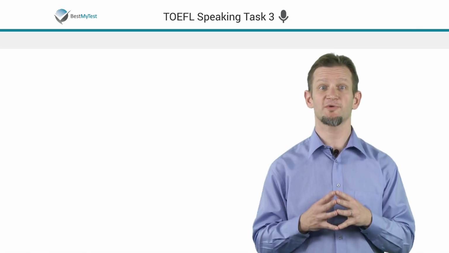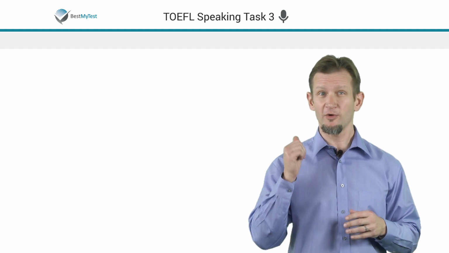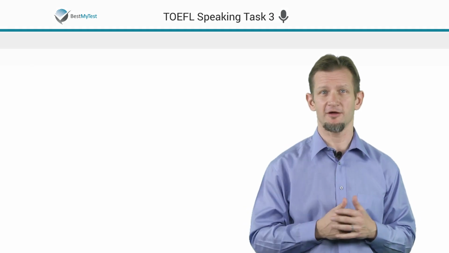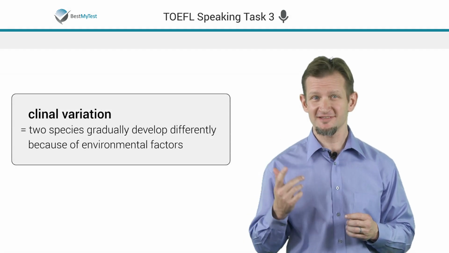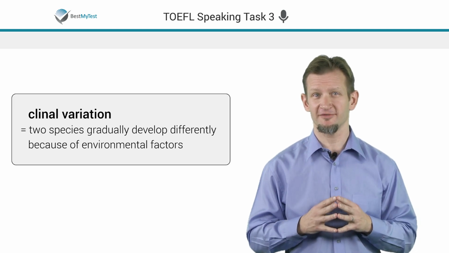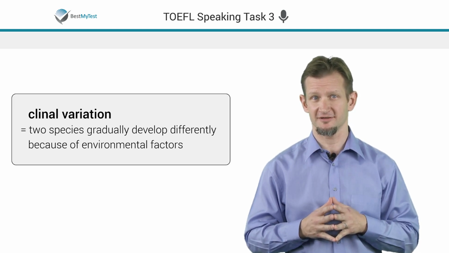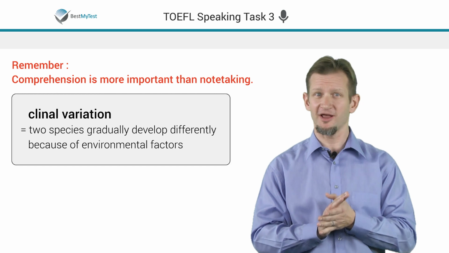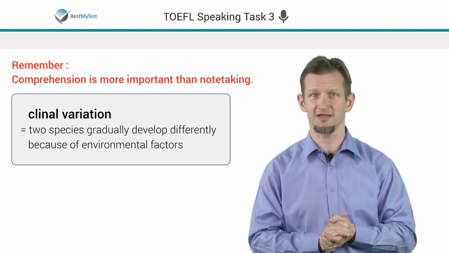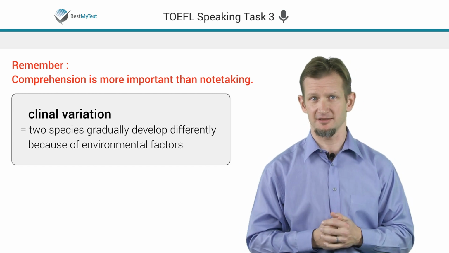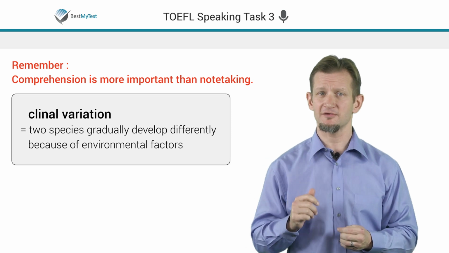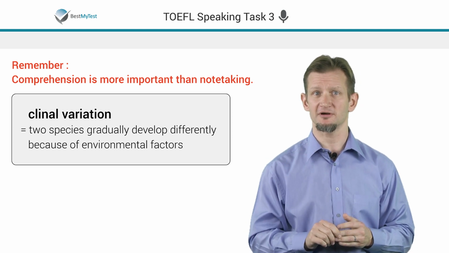Okay, so we just read the passage. Before we go into the listening, let me show you my notes. As you can see, I literally just wrote down the definition of Clinal Variation. Remember, comprehension is much more important than note-taking, so focus on the main idea. In a minute, we're going to listen to the audio lecture.